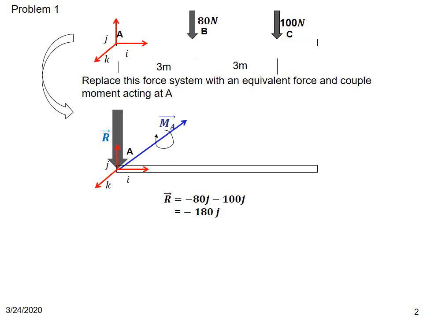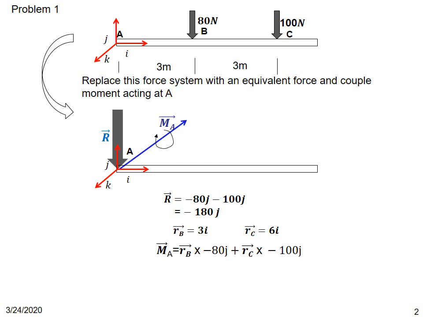Now what would be the couple moment MA, which is equivalent to the moment of forces 80 Newton and 100 Newton about A? We know that the position vector of B is 3I and position vector of C is 6I.